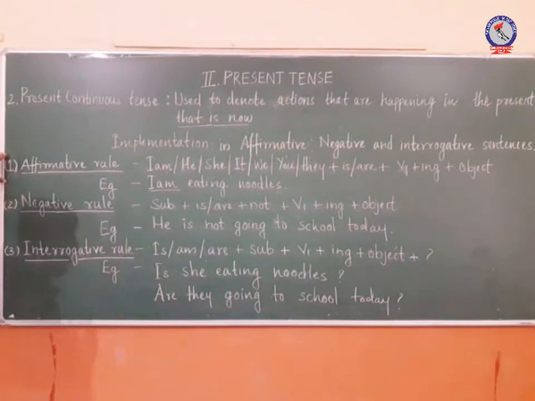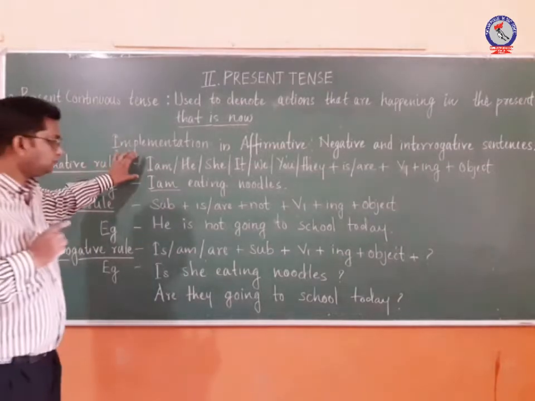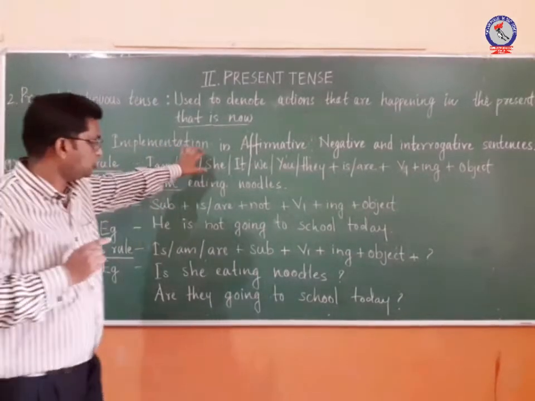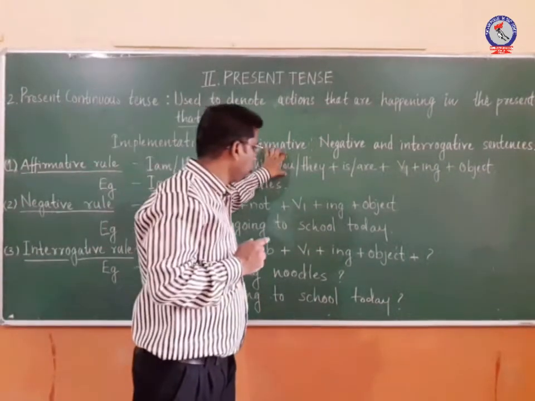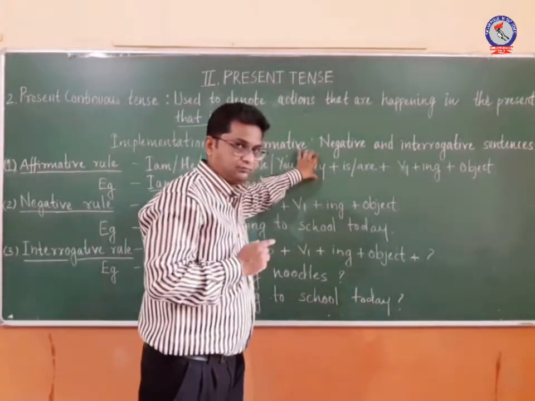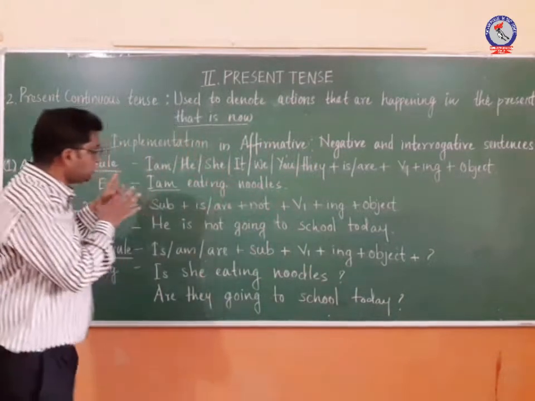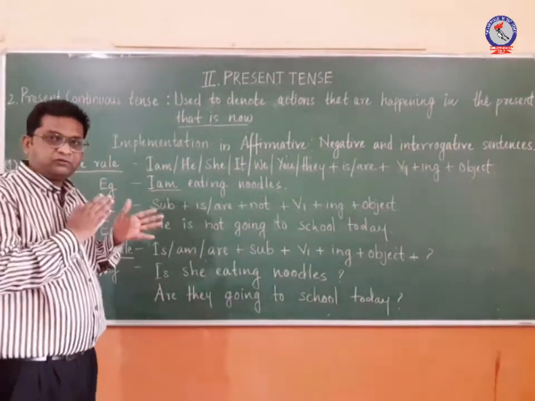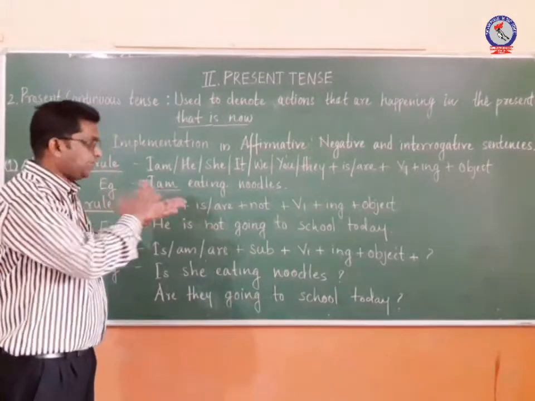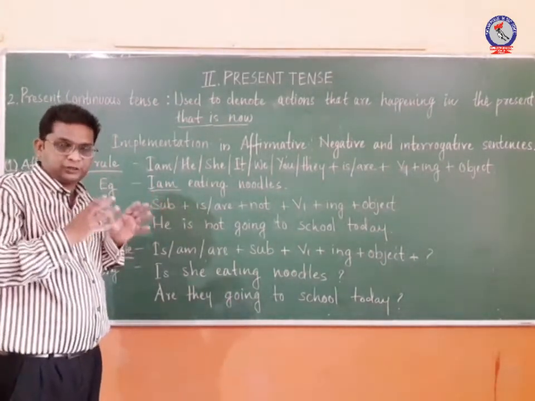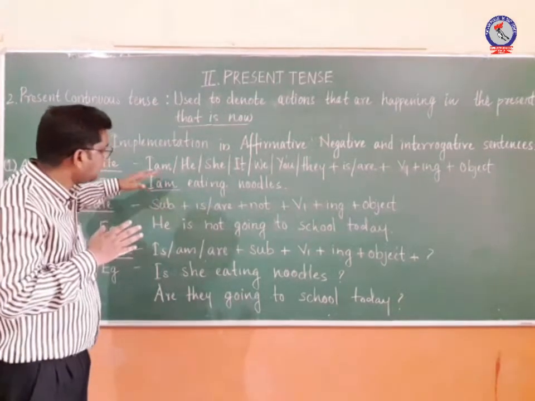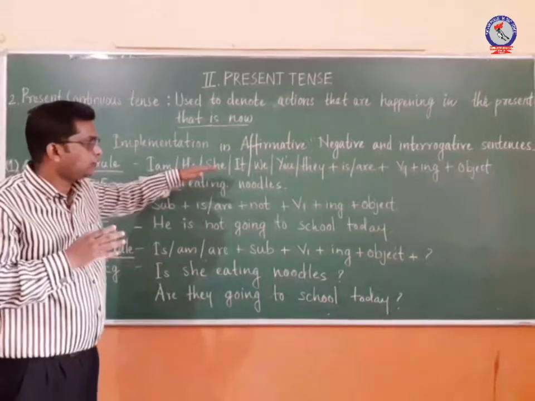Affirmative rule: we can form an affirmative sentence by this rule: I am, he, she, it, we, you, they. Now all these are the forms of first person, second person and third person. According to the person, you can employ from this.